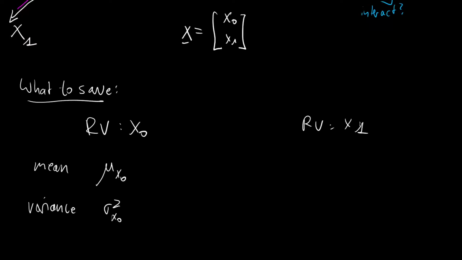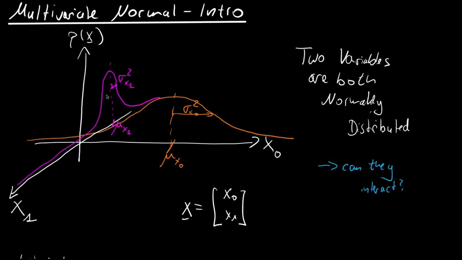And for the random variable x1, we have to save the same, which would be mu x1 and a variance sigma squared x1. But if we just save these two values per random variable, then we would get something that I have also drawn in here. We have a normal distribution in each of the axes here, but this is not interacting with each other.